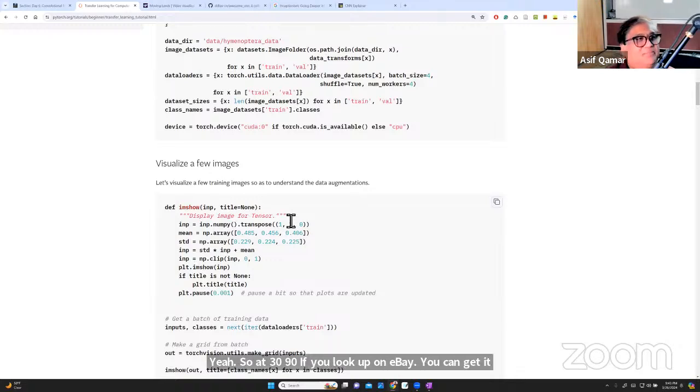One piece of advice: don't get it from Craigslist. Just last week, one student bought one from Craigslist and somebody gave him a fake and charged $1,200 for a 4090 that didn't work. So be careful when you're buying used components. Get it from a reputable source. If the price is too good to be true, it probably is.